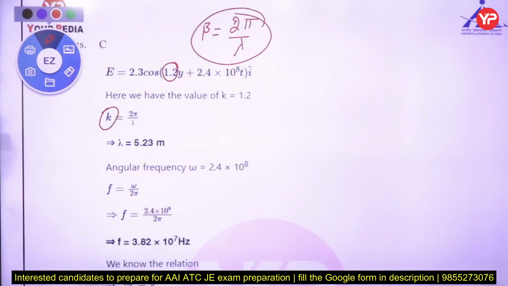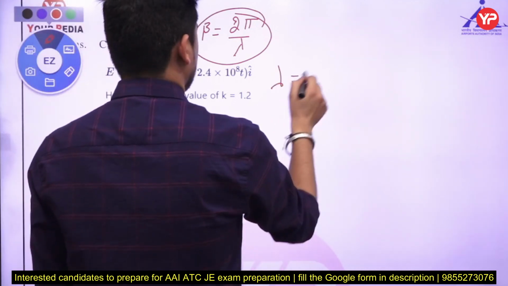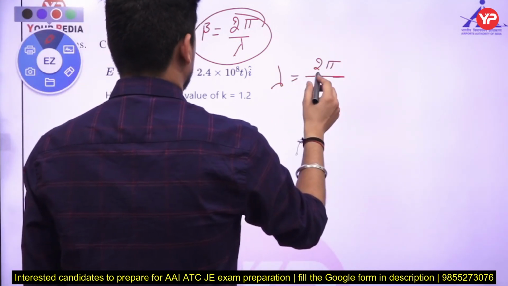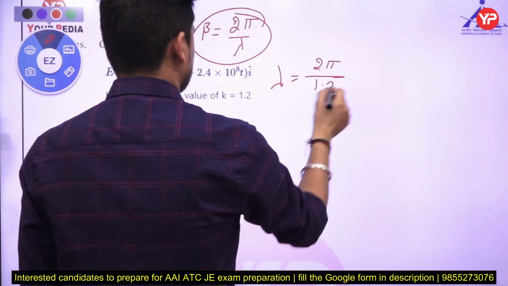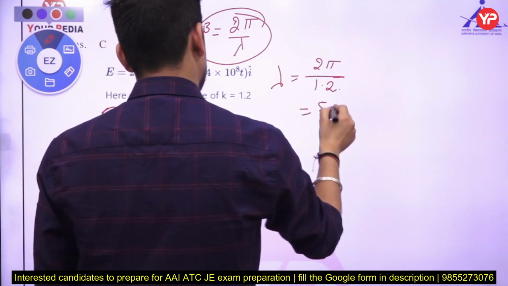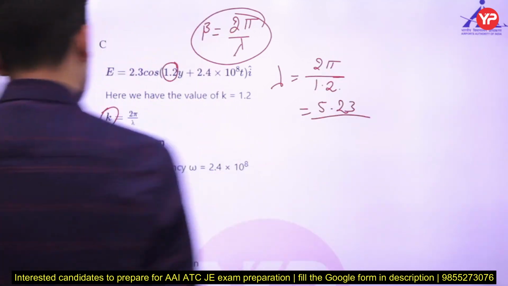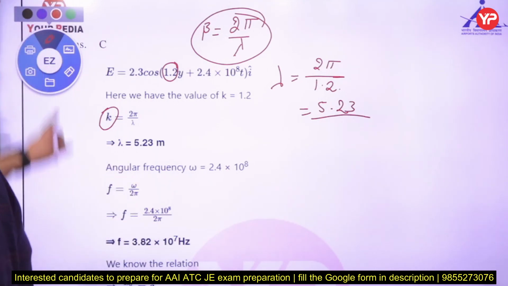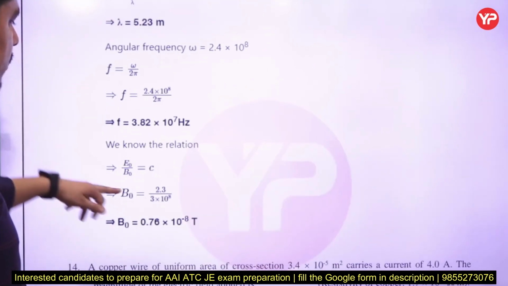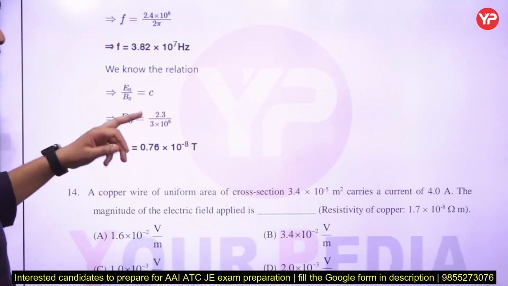And we have to calculate lambda, so we can use that lambda is equal to 2 pi by beta. Beta is 1.2, so we get it here as 5.23, right? Omega and f we already calculated, and E upon B naught is equal to C. From here you can calculate the value of B naught, right?